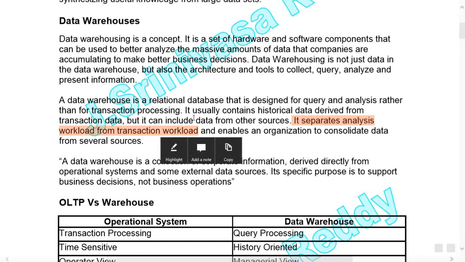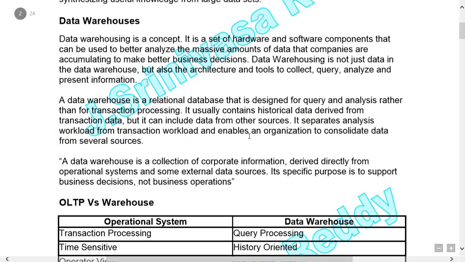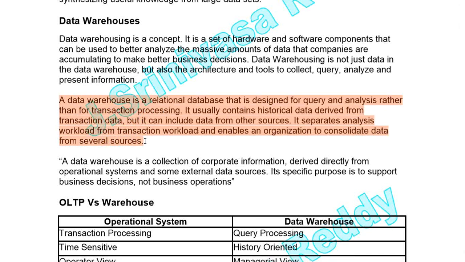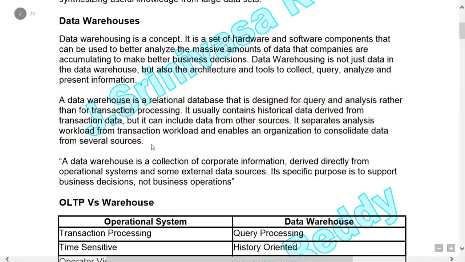So a data warehouse enables the organization to consolidate data from several sources, from a lot of history, and makes all the data together available in a single database. It provides the facility for accessing, querying, and analyzing the data, and taking appropriate decisions at appropriate times.